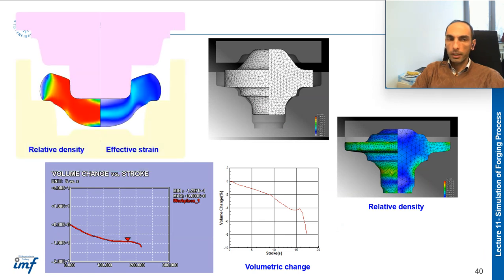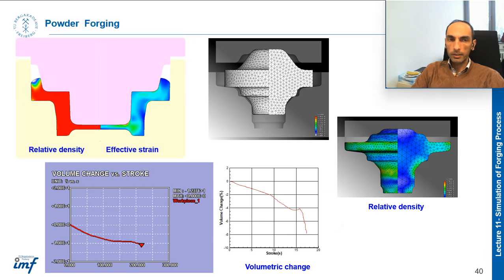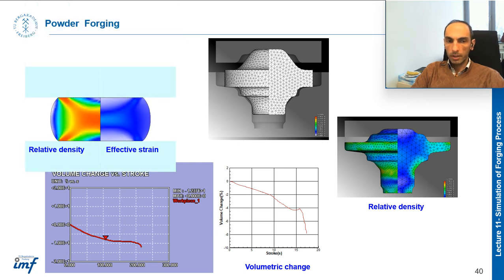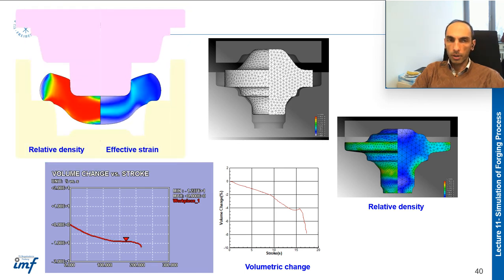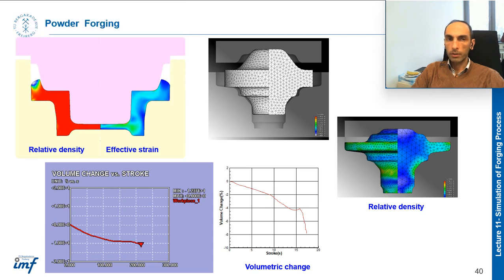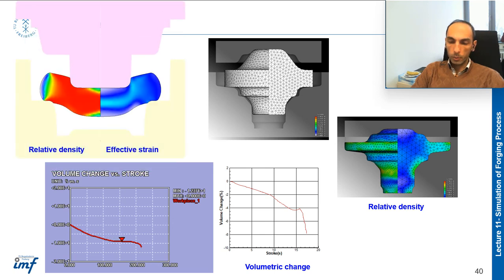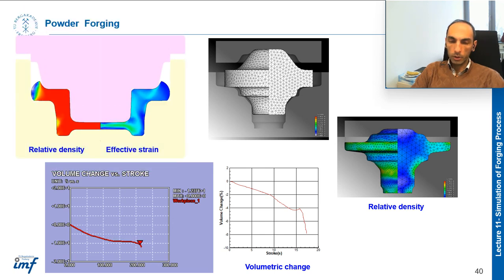Usually we assume that the material is a continuum, but you know that in powder metallurgy you can even forge the powder. In the case of continuum material, we assume that the volume is constant, and this assumption is almost correct.